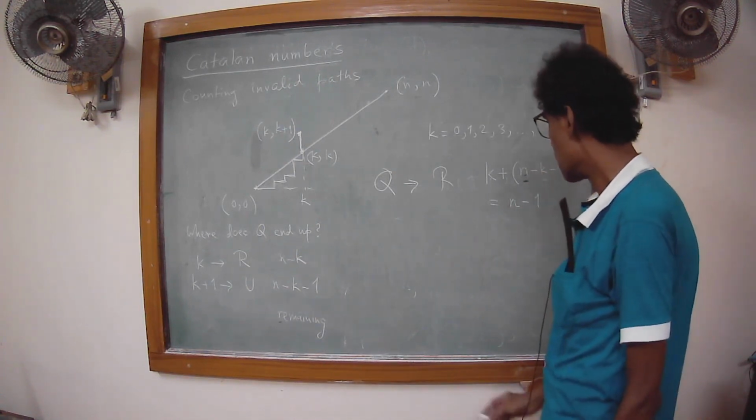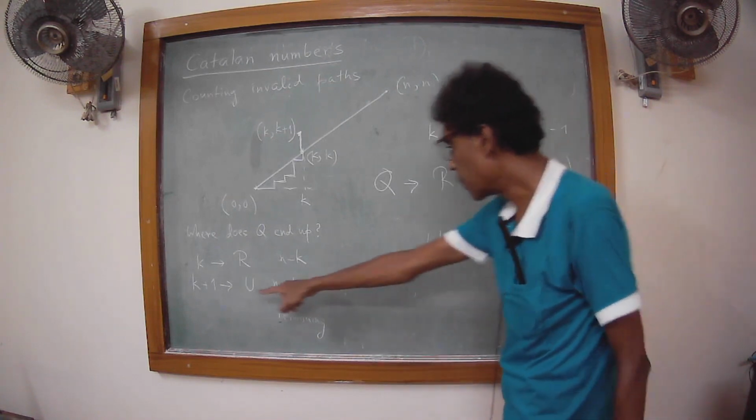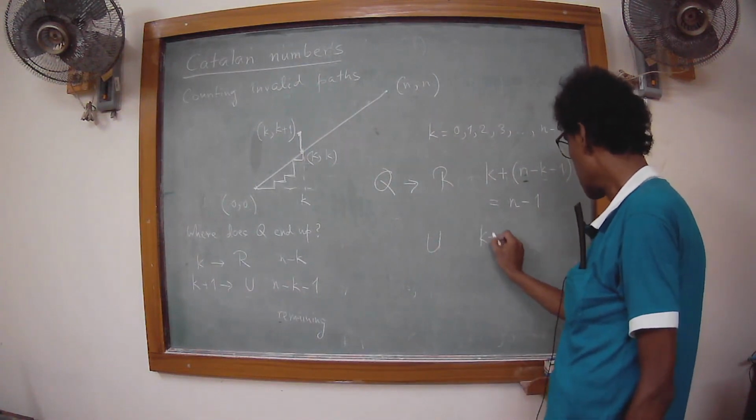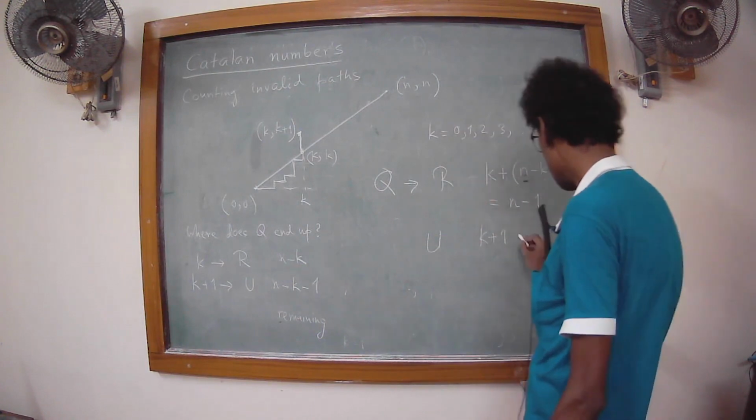And how many up movements? Up to this it's the same as in P, k plus 1, and then it uses the right movements for going up, n minus k.